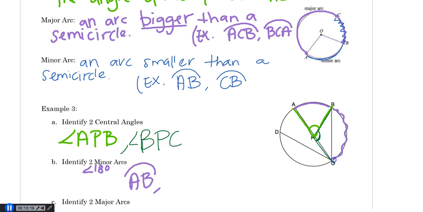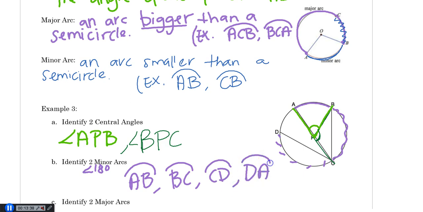We can say B to C. We can say, right, C to D. And I'm just trying to mark them up differently so you can see the difference. You could also say D to A. Right, those are all minor arcs.